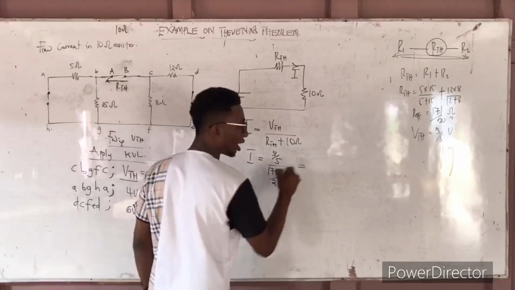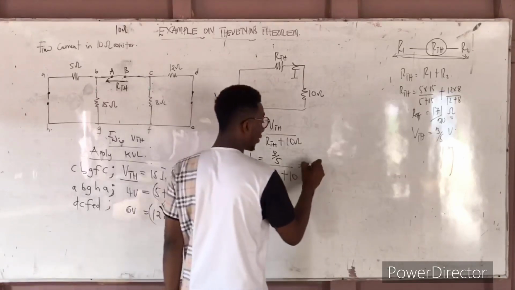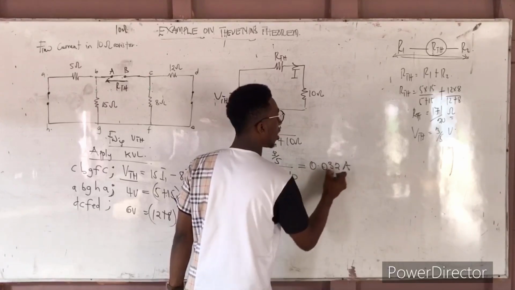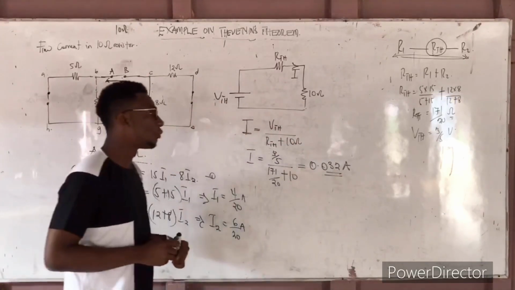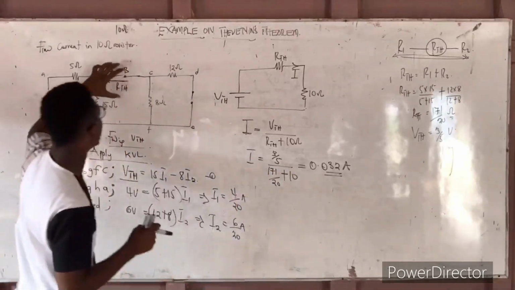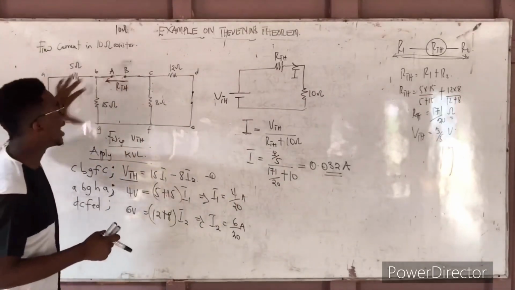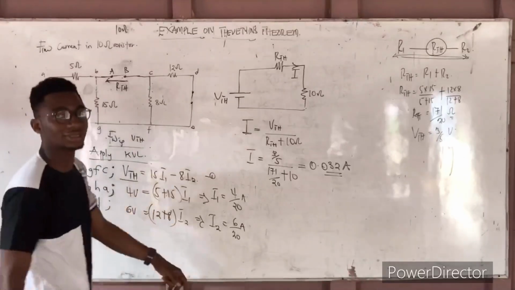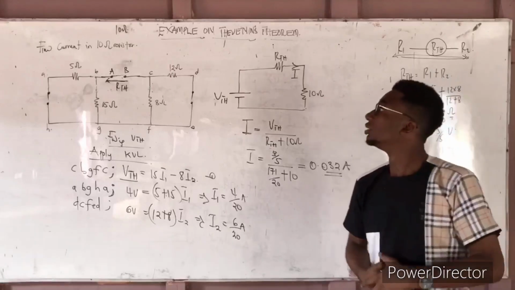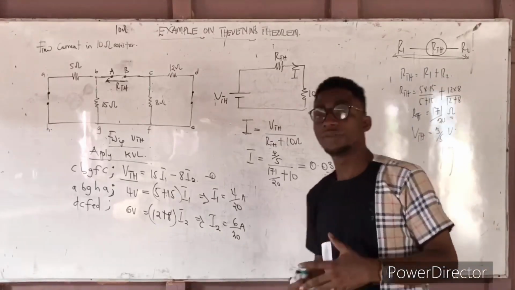When you do this calculation, we get 0.032 ampere. That is the current that passes through the 10 ohm resistor in this circuit diagram. And this brings us to the end of today's lesson on examples of Thevenin theorem.